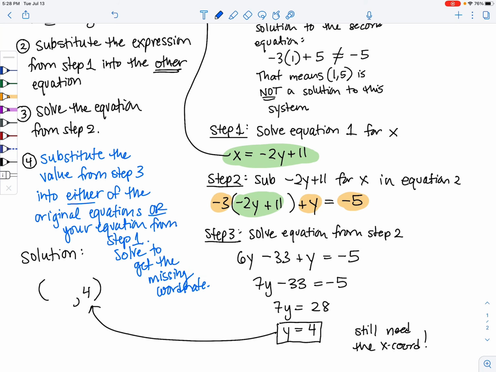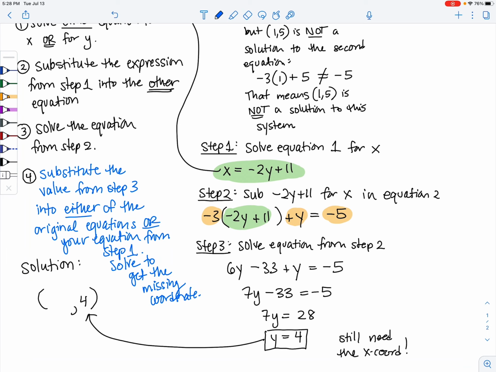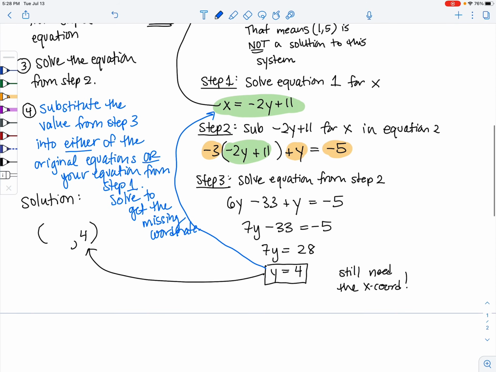So we're going to take this y, we know the y now, and we're going to either put it into one of the first equations or into the equation from step 1. That's going to automatically directly give me the x. So that's the one I'm going to do. So my step 4, I'm going to substitute y equals 4 into the equation from step 1.